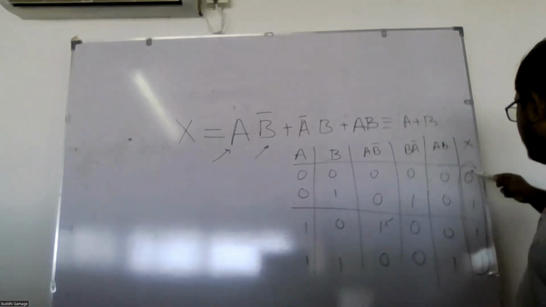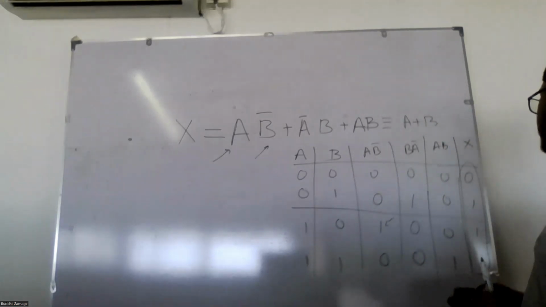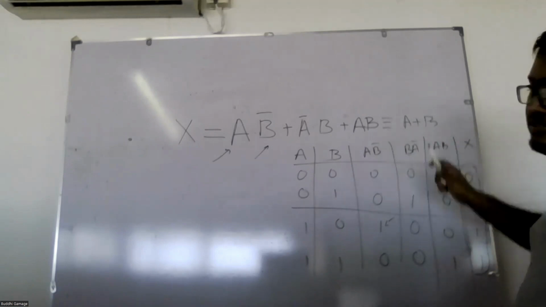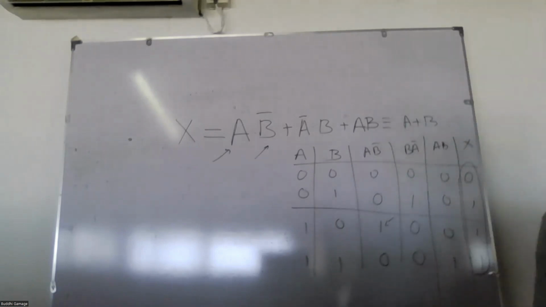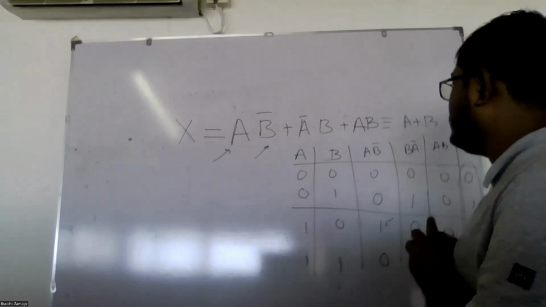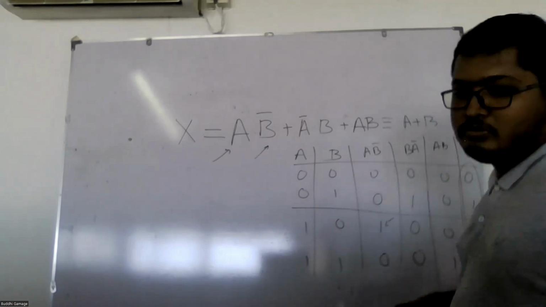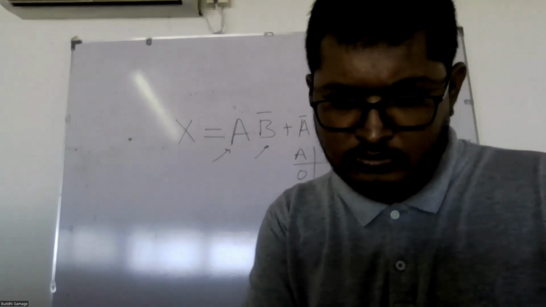Here, by looking at this output, we can simply identify this is an OR. So in Boolean algebra, we are going to learn how to simplify this.